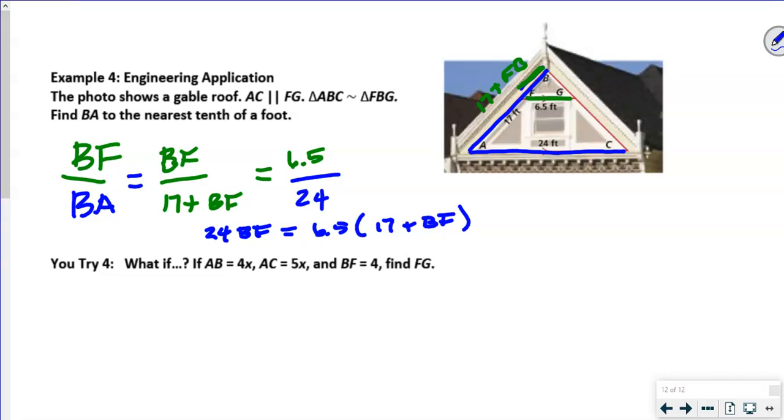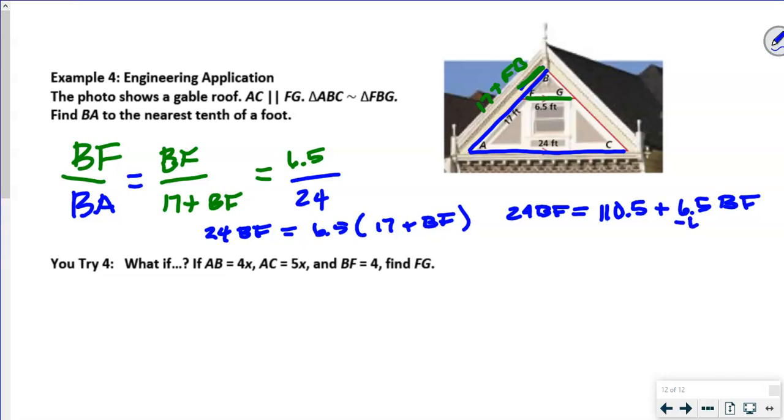So when we do this, we're going to get 24 BF is equal to 6.5 times 17, which was 110.5, and that's going to be plus 6.5 BF, right?